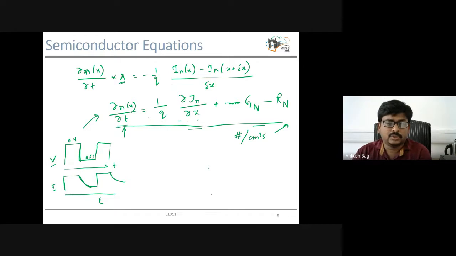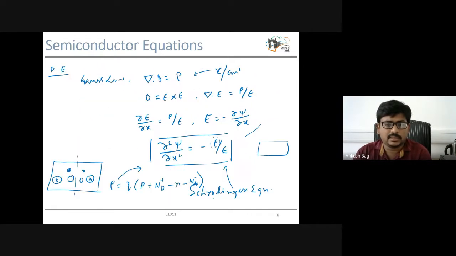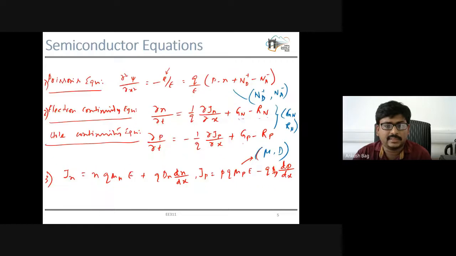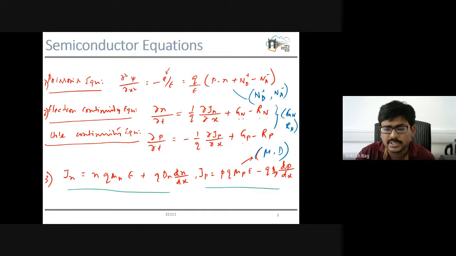I think now we have completed this discussion, and we have already derived these two equations from our previous module discussion.